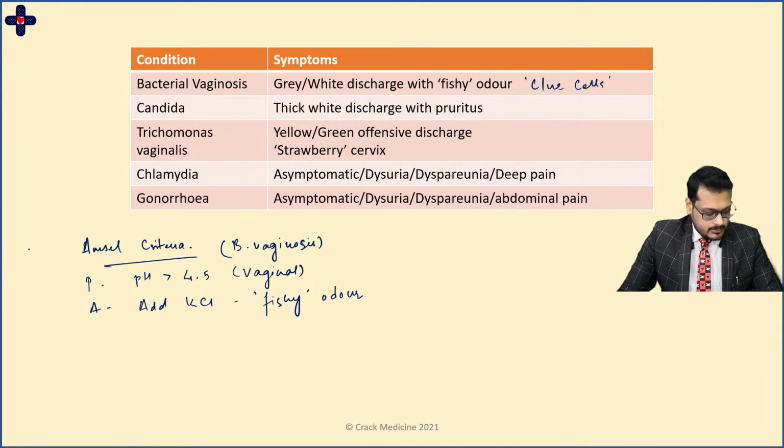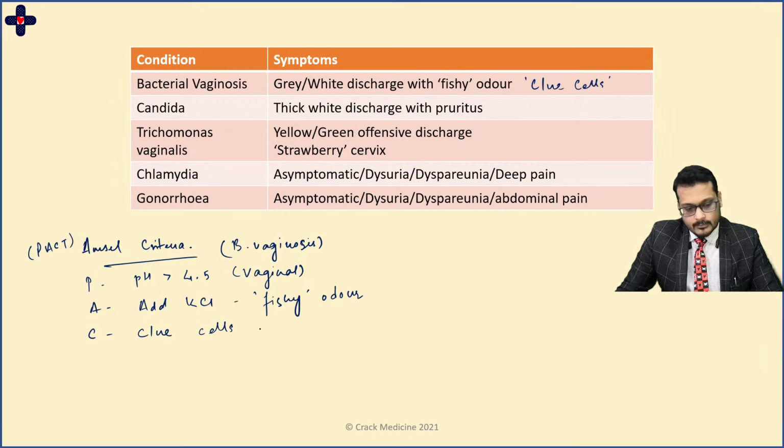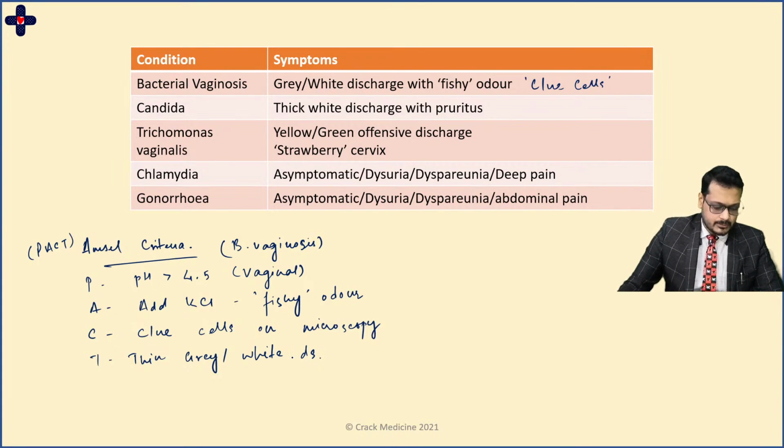So how you can remember this is via PACT. C means clue cells on microscopy, and T means thin, gray or whitish discharge. Gray discharge will usually be mentioned in your question.